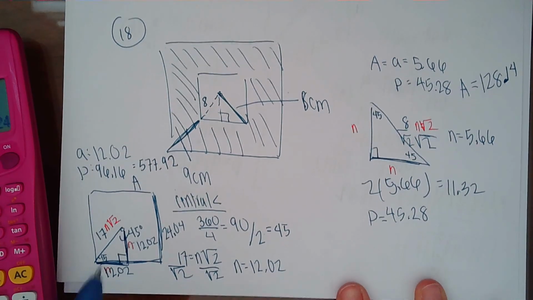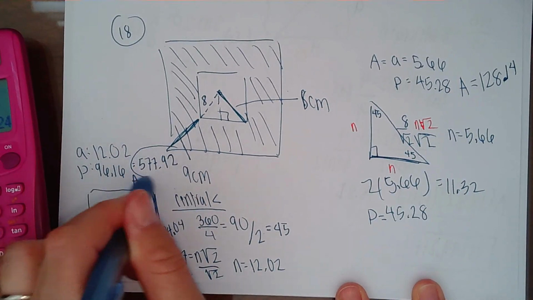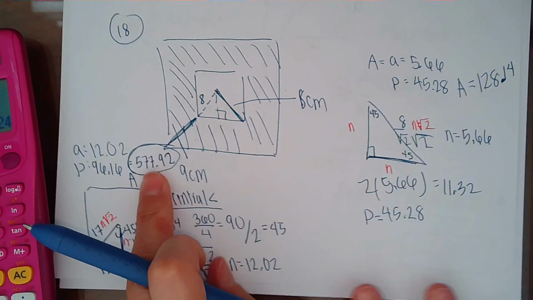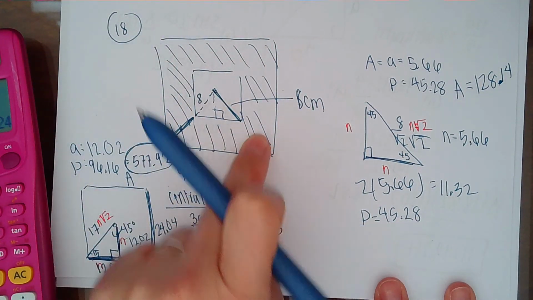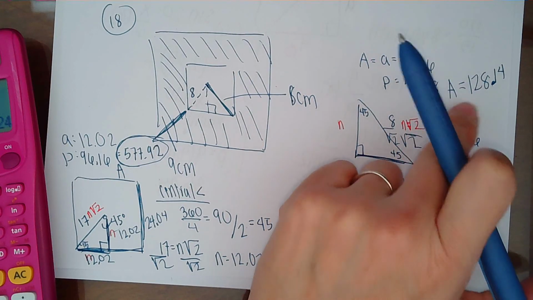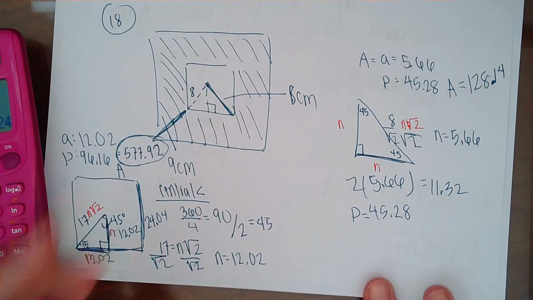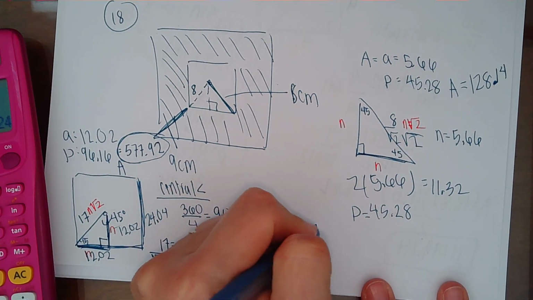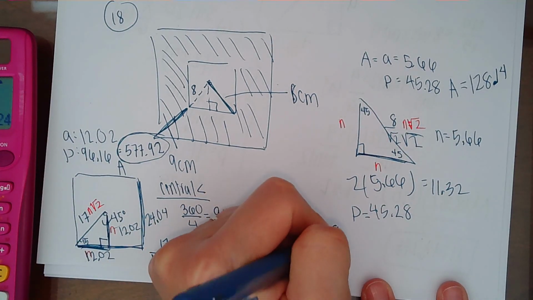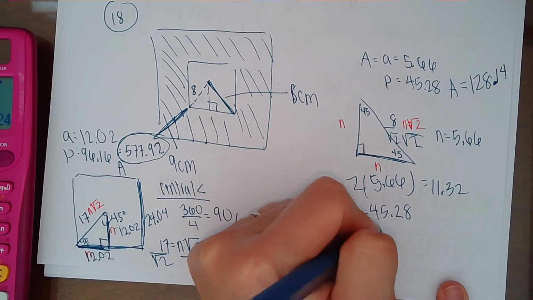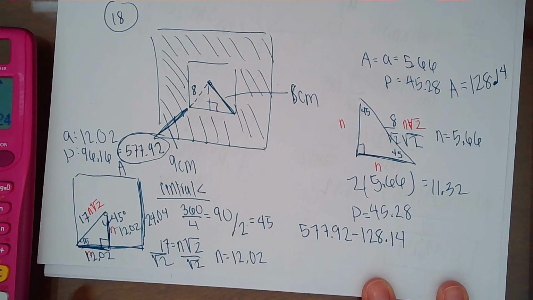Now I'm going to take these two areas, 577.92, which represented the big square, and this area right here, the smaller square, and subtract them. So 577.92 minus 128.14.